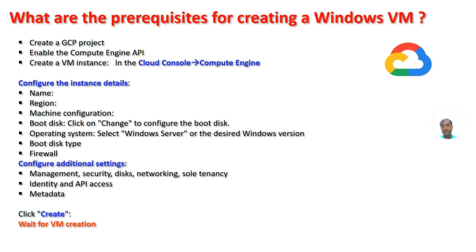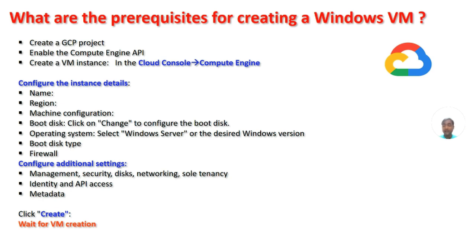In the boot disk section, click on change to select a new Windows Server image. In the operating system drop-down, choose Windows Server and select the Windows Server version you want to use, for example Windows Server 2019 or Windows Server 2016. You can also customize the boot disk size if needed.